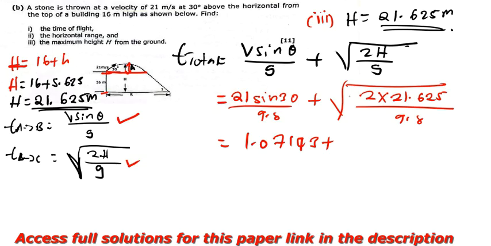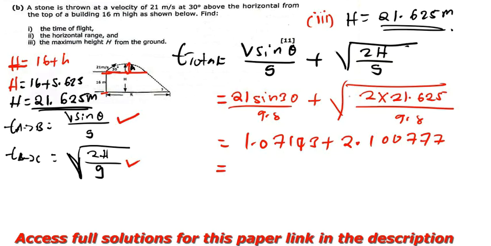So I'm getting 2.1007. I'm going to add plus 1.07143.